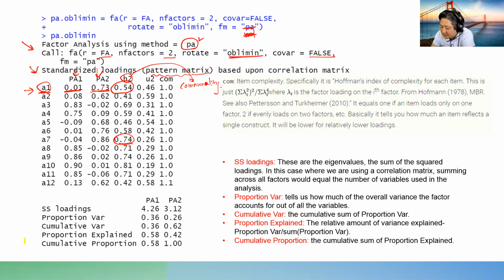This is 74% of the total variance of variable 7, A7, is explained by 2 factors. This is communality, which is lambda 1 squared plus lambda 2 squared, right? So 0.01 squared plus 0.73 squared is 0.54.